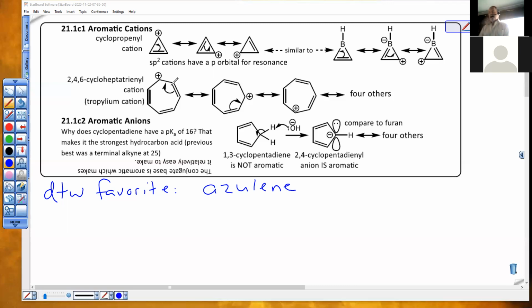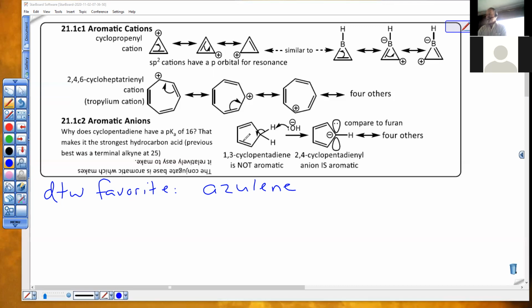And earlier, I asked you the hypothetical, how could you have an anion that's aromatic? Well, here's an example down here. If you start with this molecule, which is not aromatic because of the sp3 nature here, so that can't resonate, and we have the wrong number of pi electrons.